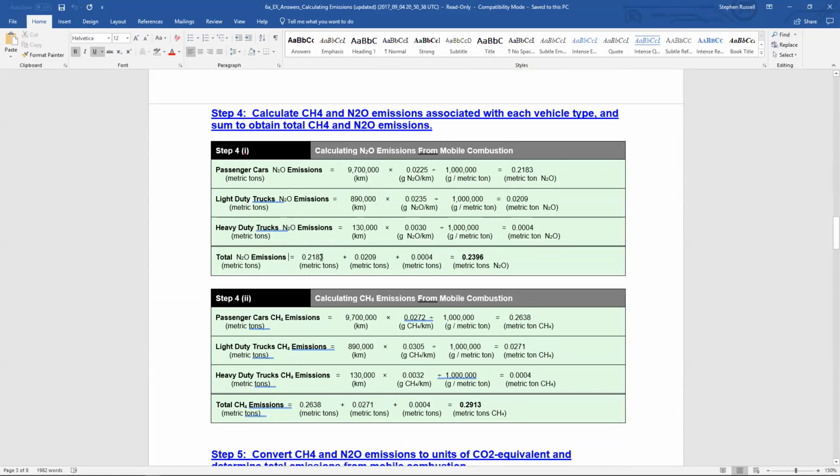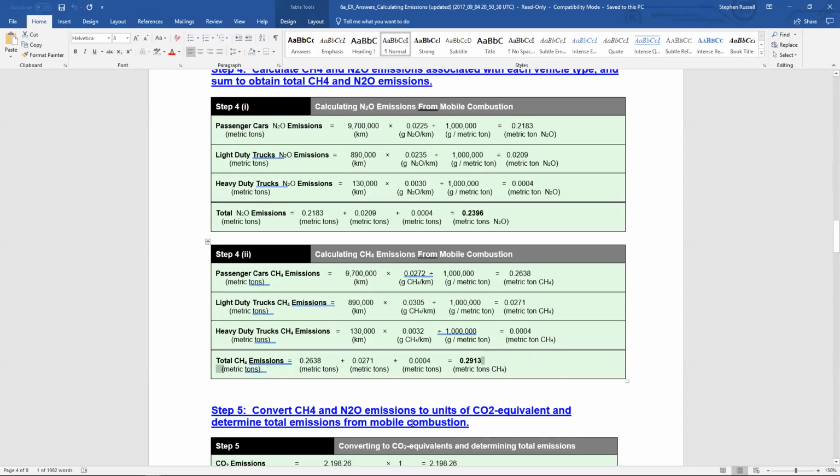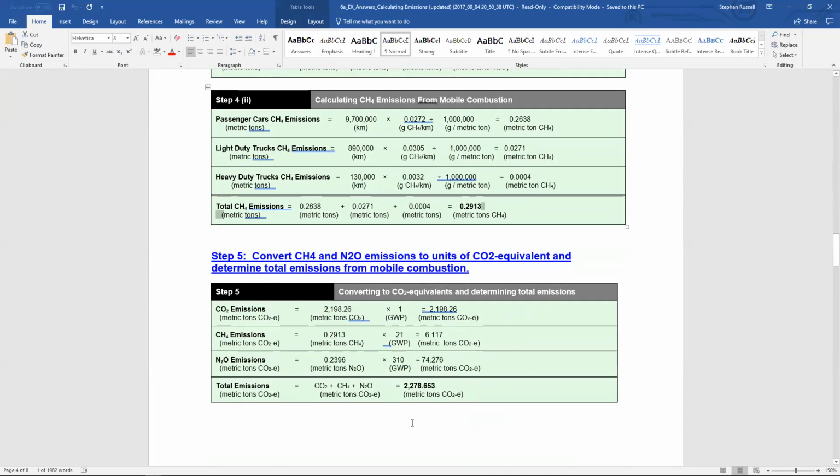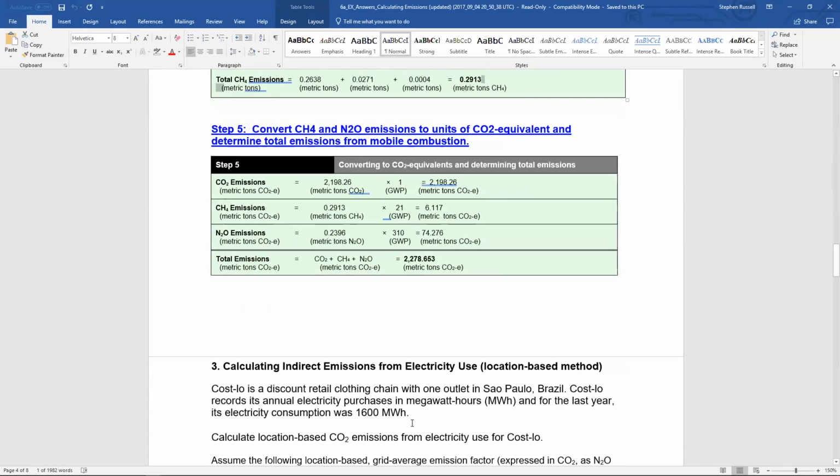Total nitrous oxide emissions across the 3 vehicle classes amounted to 0.24 tonnes of nitrous oxide, and total methane emissions were 0.29 tonnes of methane. We haven't finished the calculations yet. We still have to apply the GWP values, and once we do that, we find that total emissions amounted to 2,279 tonnes of carbon dioxide equivalent. So the vast bulk of the emissions came from carbon dioxide.